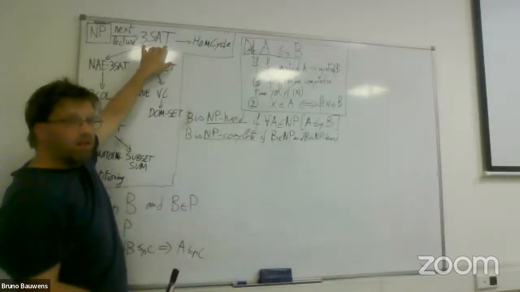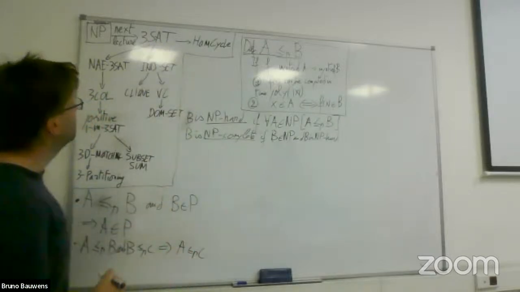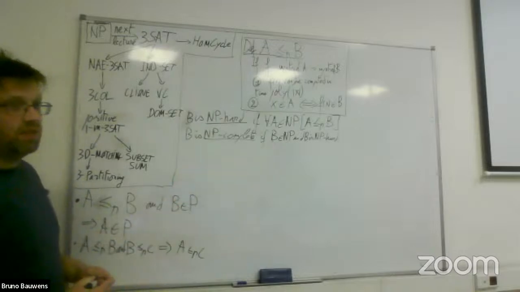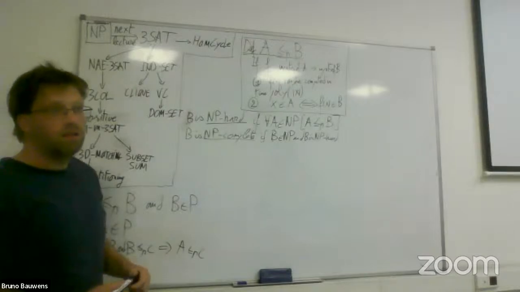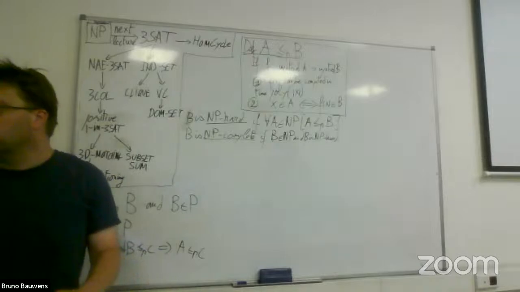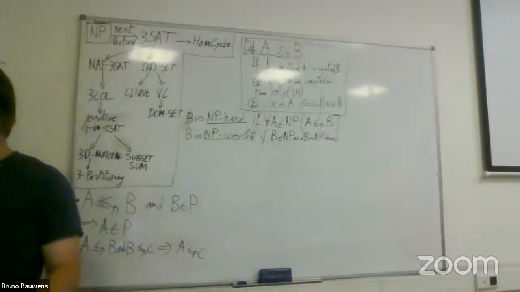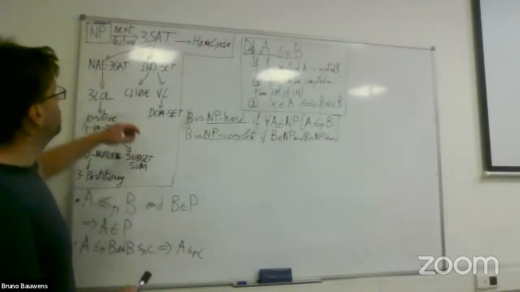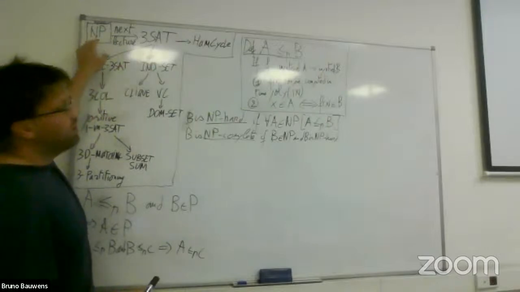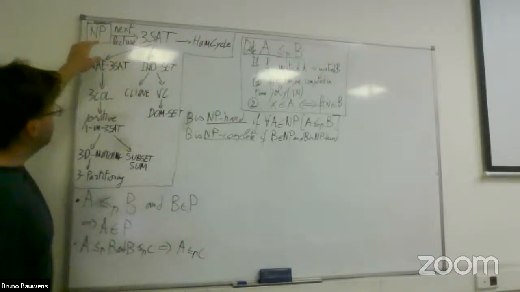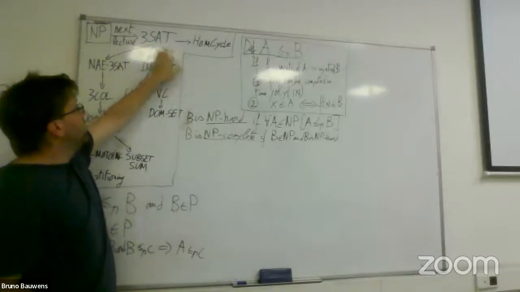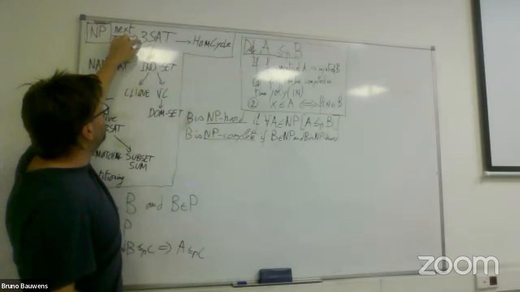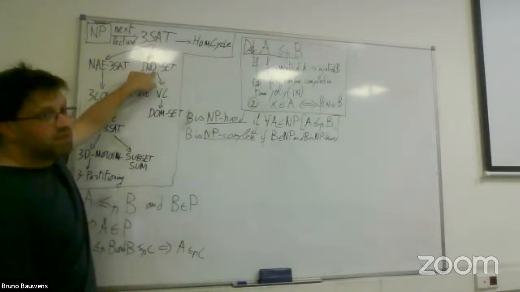Okay, I will write it in a minute. It seems like reflexivity is also a property of reduction. So after we prove 3-SAT is NP-complete, then we prove a reduction, for example, from 3-SAT to the independent set problem.